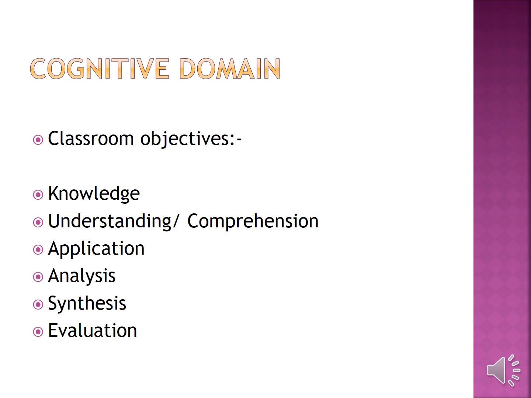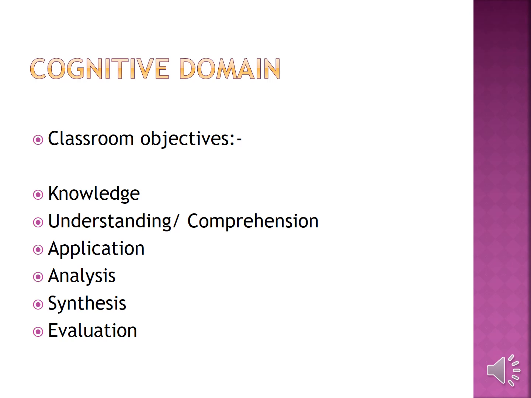So tells, states, describes, narrates, all these come under knowledge, and particularly the pupil is recognizing certain things, so that is the primary level. Recalling something is the secondary stage.